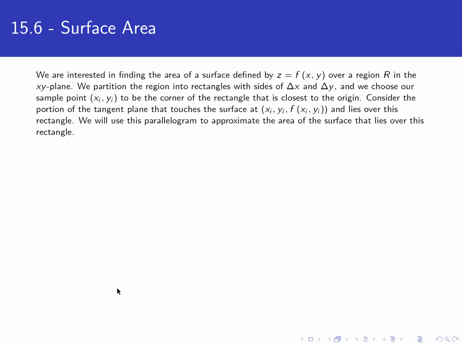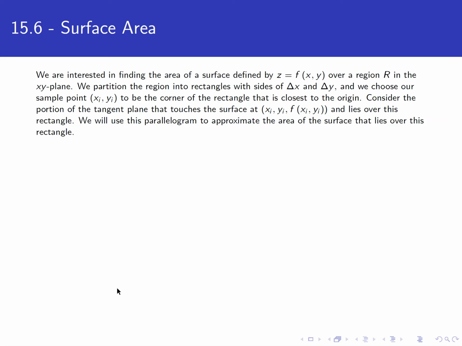All right, so at this point, since we're given the equation of the surface is z equals f of x y, we can find the tangent plane to that surface at that point. And what we'll do to help us approximate the surface area over that rectangle, over that little piece that we've partitioned into the xy plane, instead of trying to find the area of the surface over that little rectangle, we're going to find the area of the parallelogram that lies in the tangent plane.